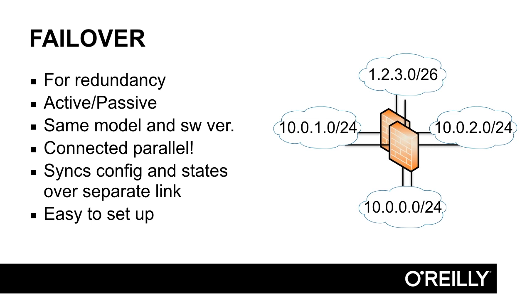That interface is used to synchronize all configuration changes and all states, all TCP sessions that are currently running in the firewall, all VPN sessions and everything, so that when there is a hardware problem with an active firewall, they can swap roles within less than a second, because the secondary and passive firewall always has all information needed to run all traffic.